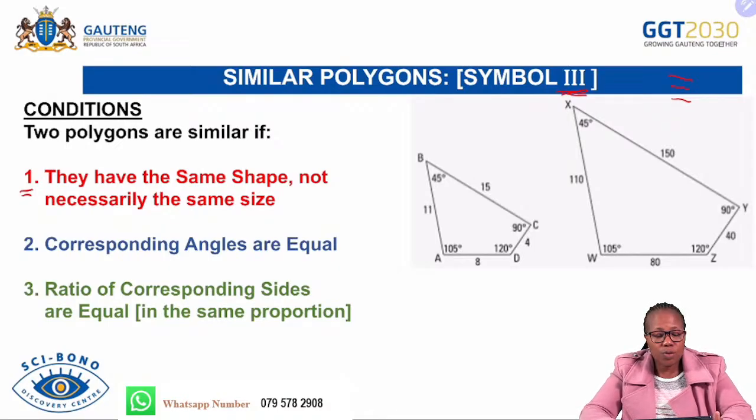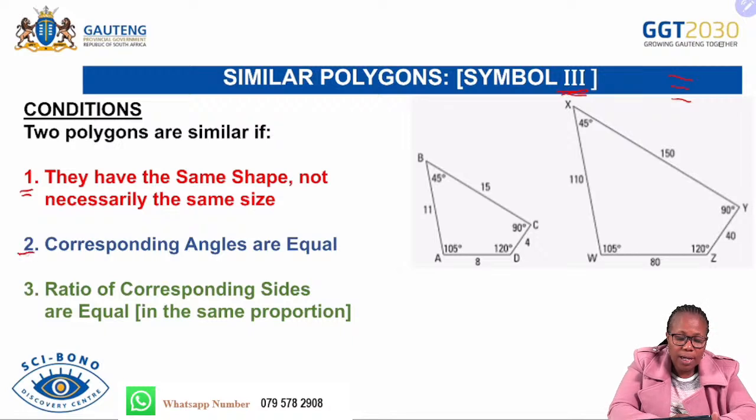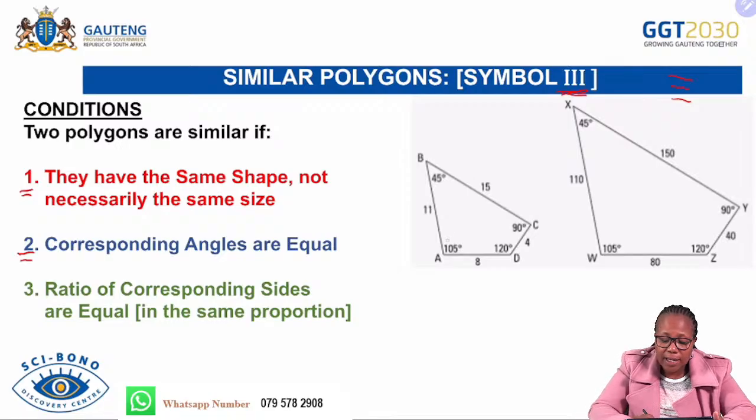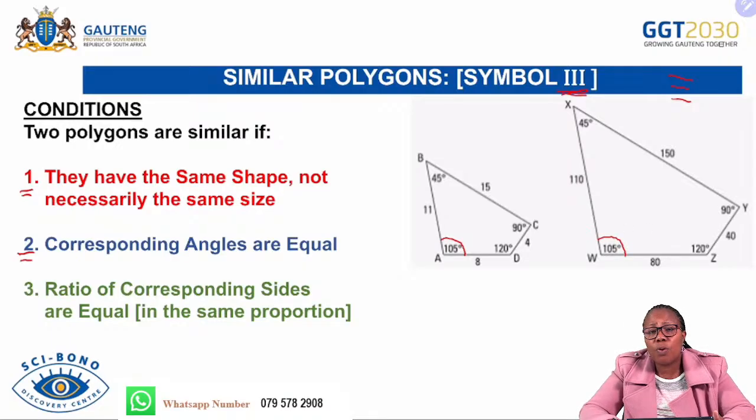The second condition: corresponding angles must be equal. As you can see on the quadrilaterals alongside, we have quadrilateral ABCD and quadrilateral WXYZ. If you look at the angles inside those quadrilaterals, angle A is 105 degrees, which is equal to angle W, also 105.